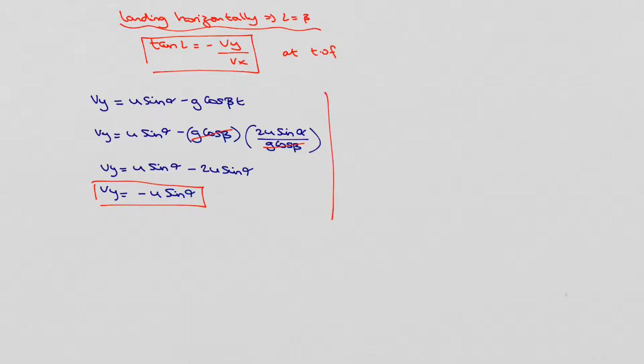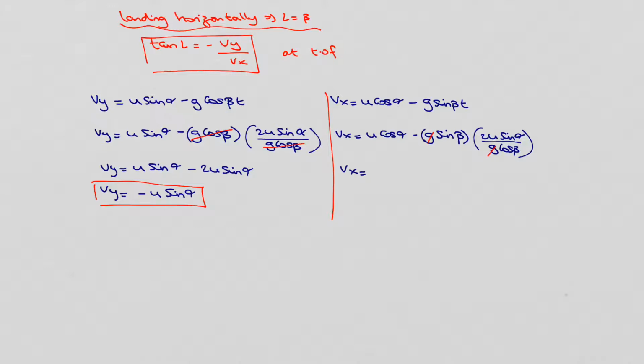Well, let's do the velocity in the x direction. So my velocity in the x direction was u cos alpha minus g sine beta t. So again, if I sub in my time of flight, well, my time of flight is 2u sine alpha over g cos beta. So this time we don't get any cancellation except for my gravity.